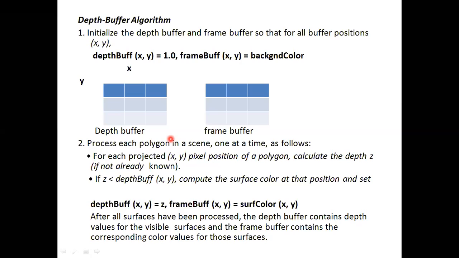First one is initialization. Initialize the depth buffer and the frame buffer for all the buffer positions x, y. First I will initialize all the z values, which we will be storing for the respective x and y. We will store all these z values first with 1.